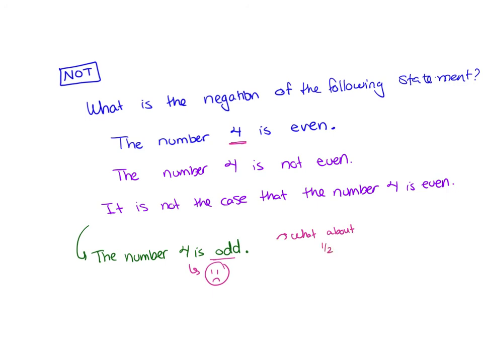It's not either even or odd, or e or pi. So this is this question of whatever your universe is. It's the issue we had with complements as well. So we have to be a little bit careful about that when we're negating. Keep that in mind. We sort of need this overarching universe to know how I should negate.